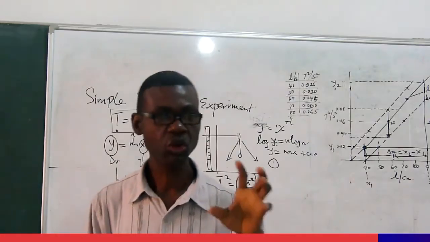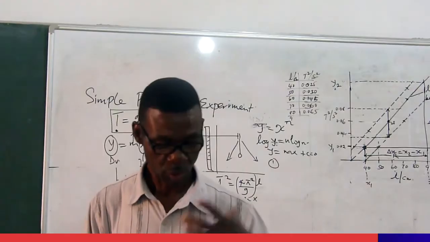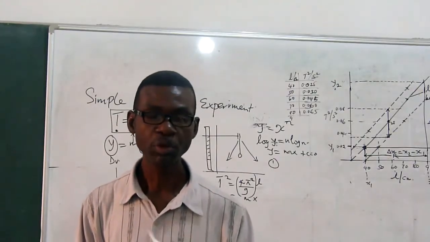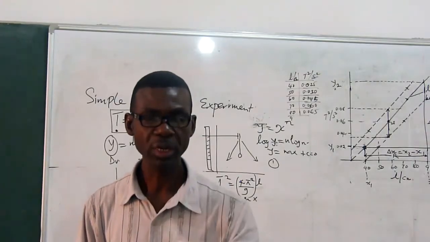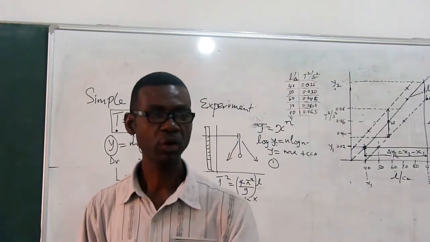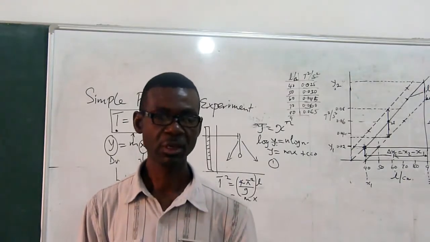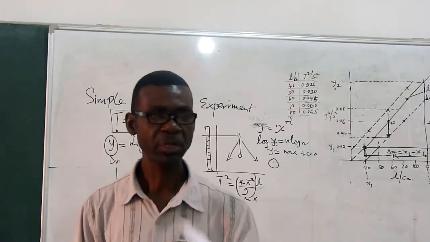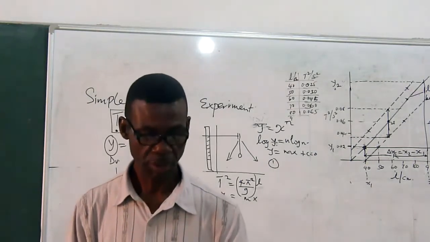The combination of the apparatus will help you to achieve that aim. And then you take measurements. In physics, after you have been able to set your apparatus correctly, most of the other things you do is to take measurements, like measurement of length, measurement of time, measurement of weight and masses, etc.